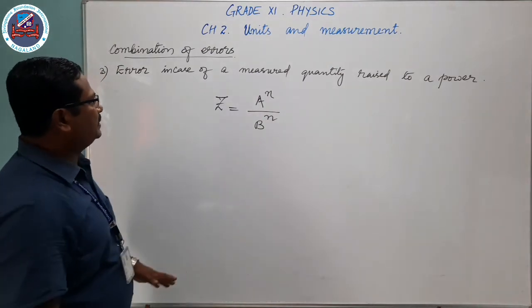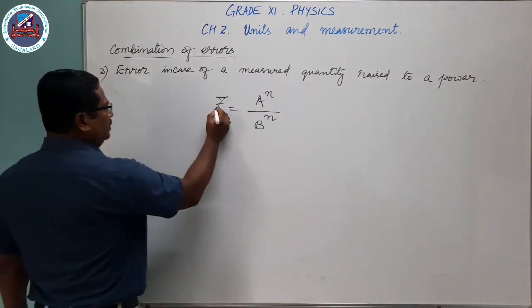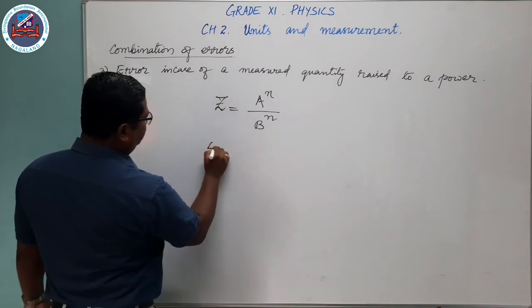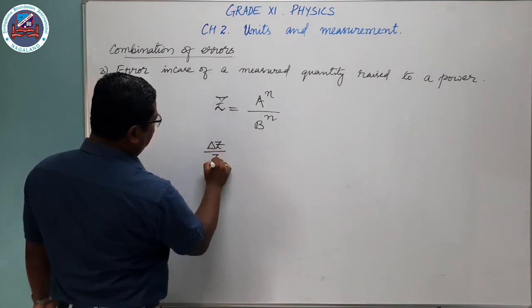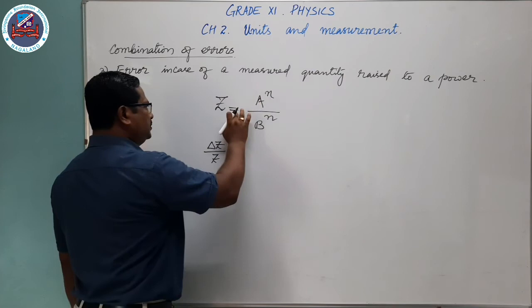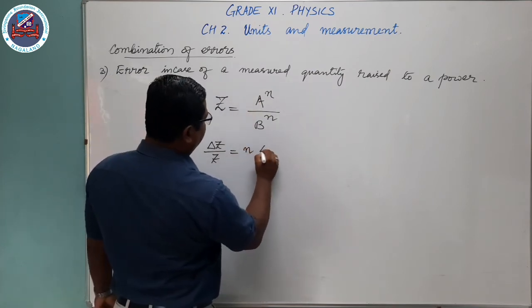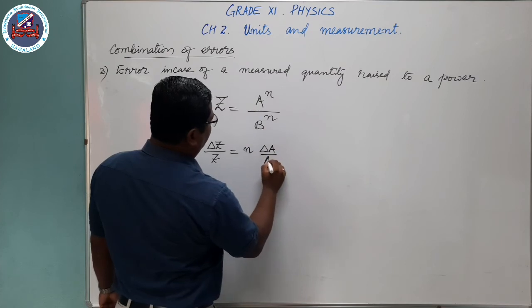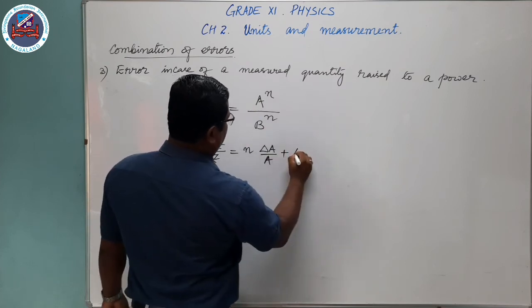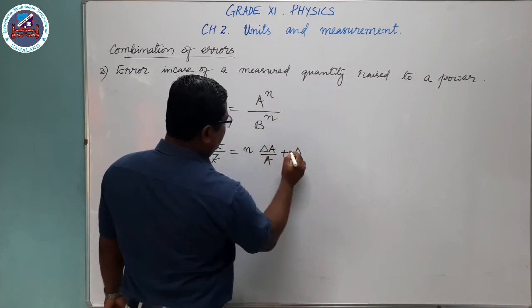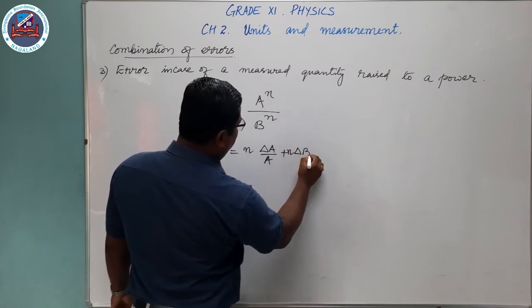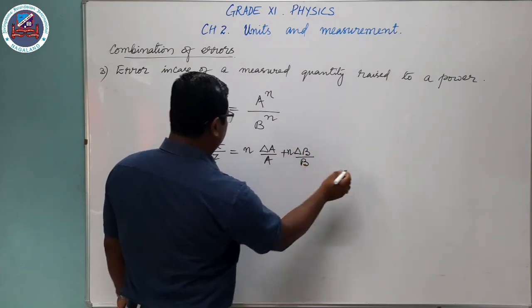Now in this case, the measured relative error will be delta z by z is equal to n times delta a divided by a plus n delta b divided by b, and so on, bringing the powers down.